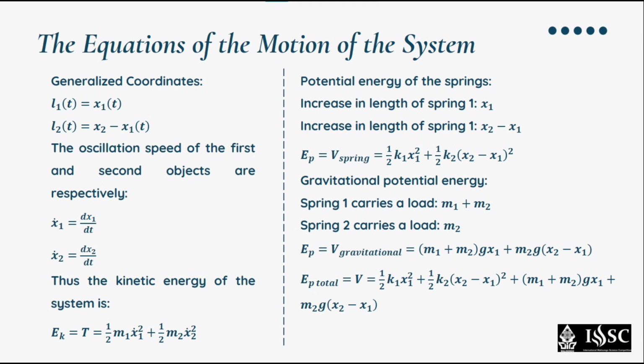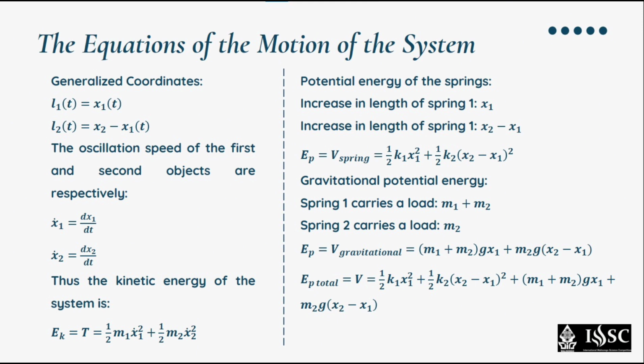Gravitational potential energy: spring 1 carries a load m1 plus m2. Spring 2 carries a load m2. V gravitational equals minus (m1 plus m2) g x1 minus m2 g (x2 minus x1).